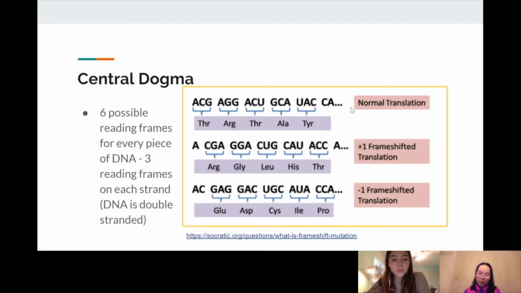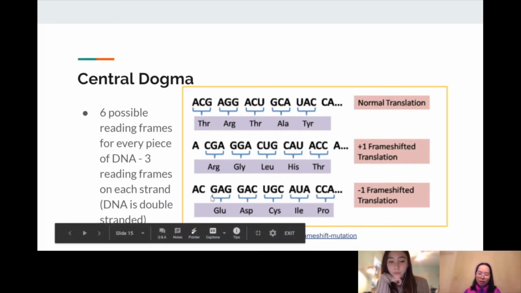So in normal translation, you see here, these nucleotides can be grouped in 3 as such. But now you have the exact same RNA sequence here. If you frame shift and shift by 1 base, you can get groupings like so. And notice that this sequence of amino acids is completely different from the sequence of amino acids here.